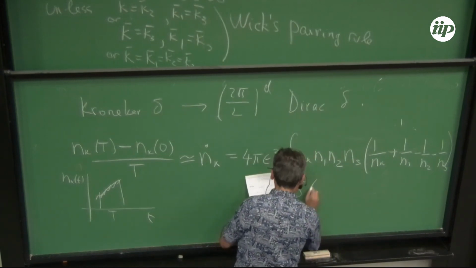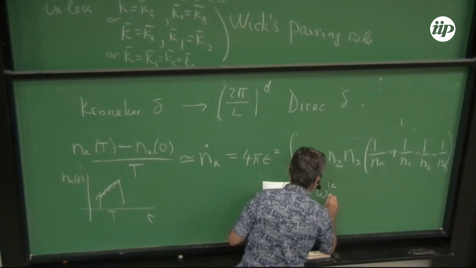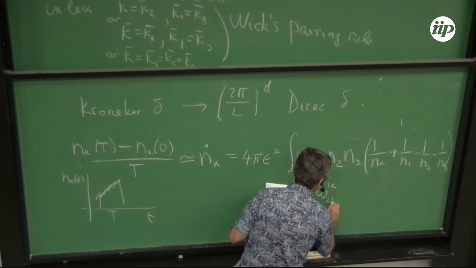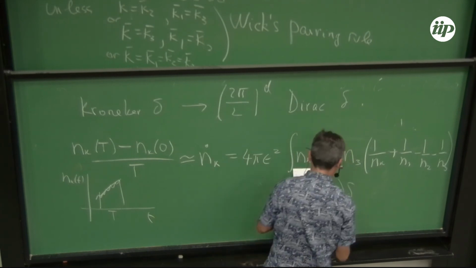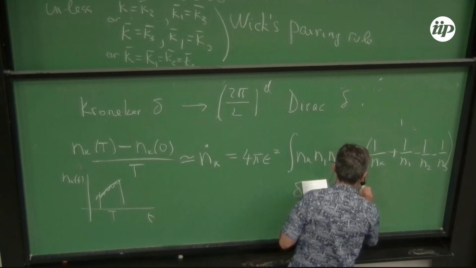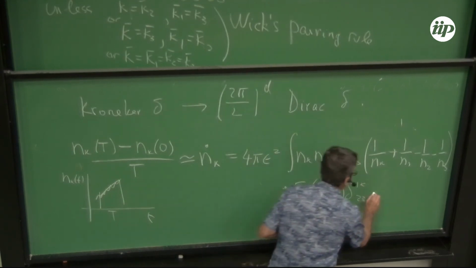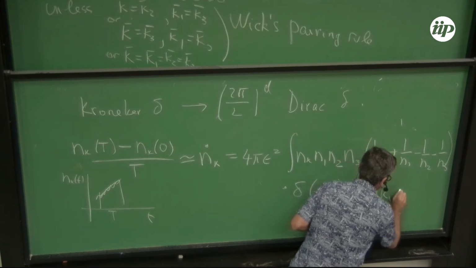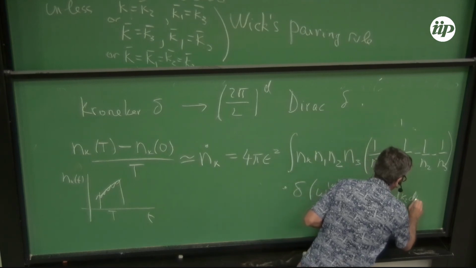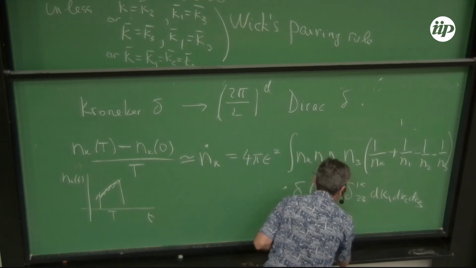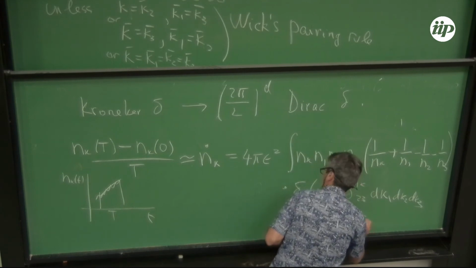Now the deltas should be understood as Dirac deltas. So this is the wave kinetic equation.